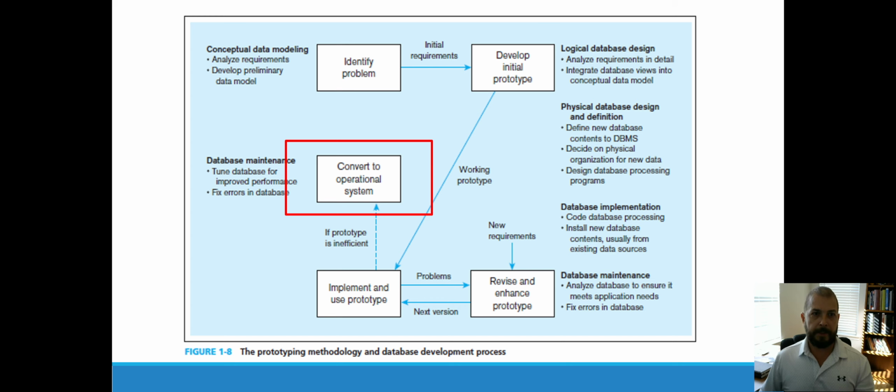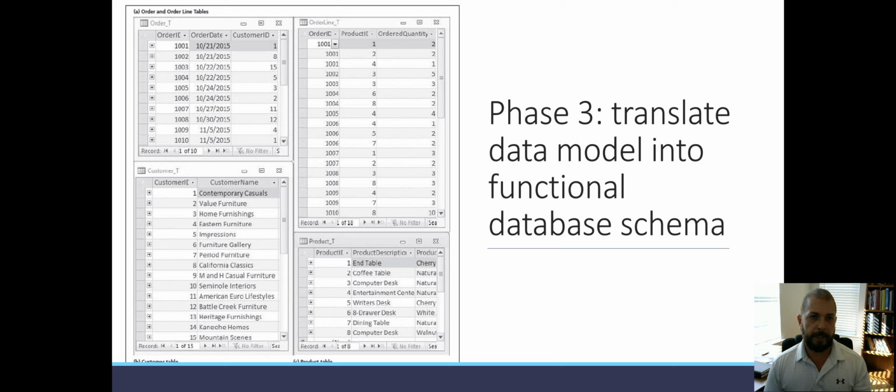And so in phase 3, we translate the data model that we created, our prototype, our ER diagram, into that functional database. And here we see a screenshot that I took out of, I forget which, database management system I was using. But this allows us to see all of the tables, all of the entities, all of the attributes, and as they're being populated within the data tables.